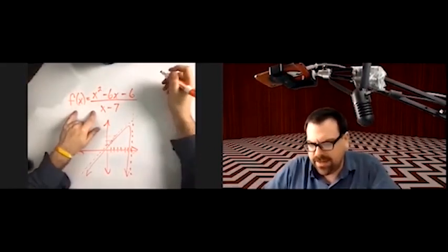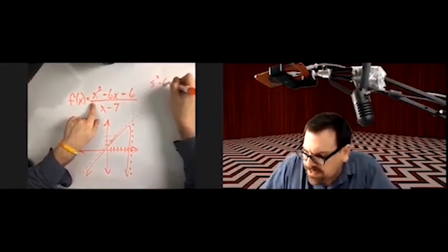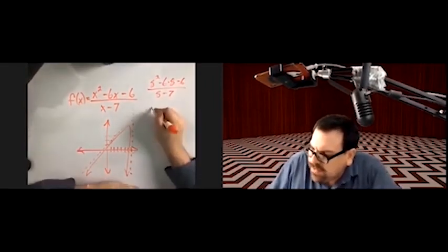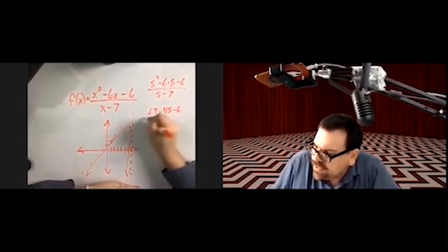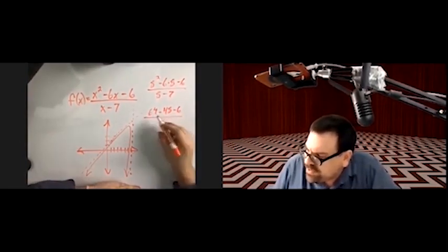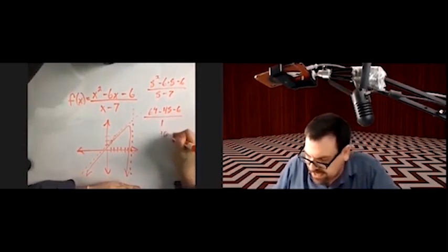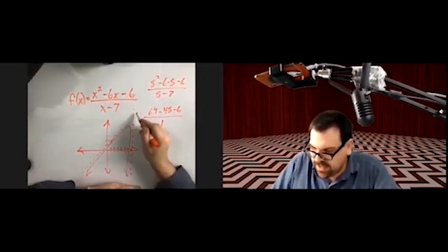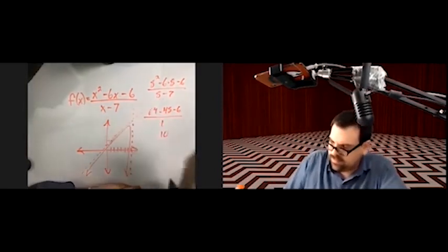If I plug 8 in, I would get 8 squared minus 6 times 8 minus 6 all over 8 minus 7. That's 64 minus 48 minus 6 all over 1. 64 minus 48 is 16, minus 6 is 10. So over here at x equals 8, I'm going to be up here at 10.